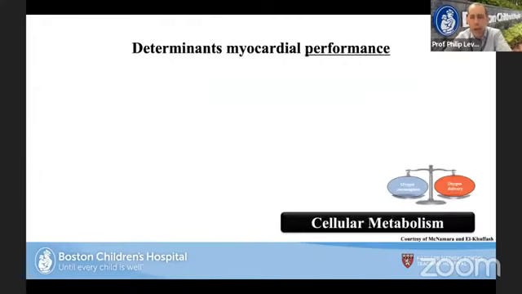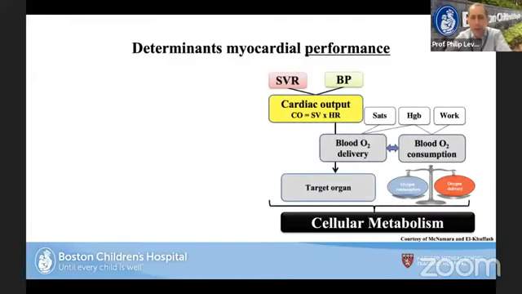So let's look at that a little more closely. When we think about cellular metabolism, it's not just blood pressure. It's a balance between cardiac output, the heart, the target organ, or the brain or the lungs, I'll give an example, and then the oxygen delivery and oxygen consumption.